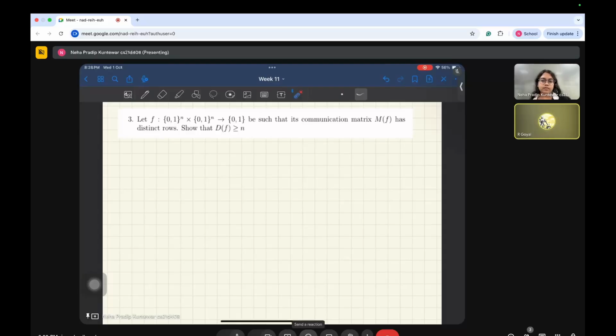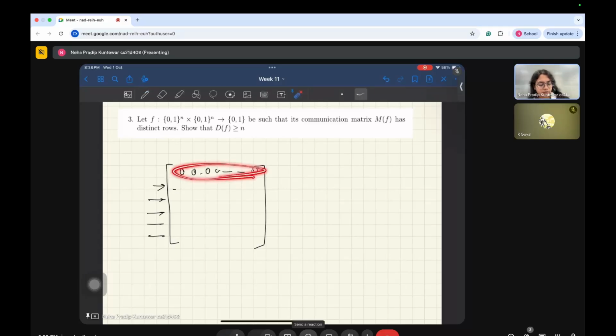All the rows are distinct. And distinct would mean what? That all the rows are independent, or something else? They are not equal. Any two rows are not equal. So if one row is all zeros, then all the other rows have to have something other than this value. At least one of the indices should be different, so that they are not equal as strings.